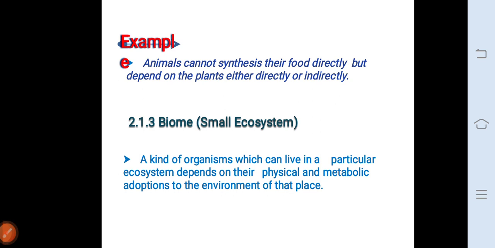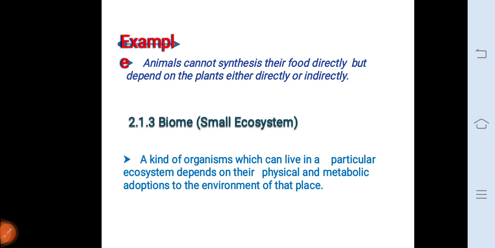And then aquatic is also further classified into two types, marine ecosystem and freshwater ecosystem. And freshwater can also be classified into two types, lotic and lentic. Lotic means running water, lentic means standing water.